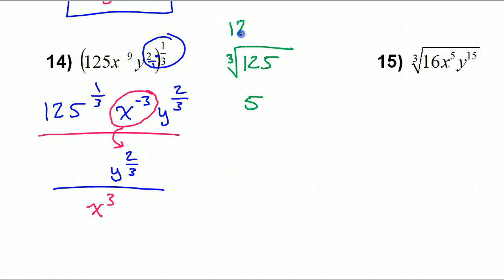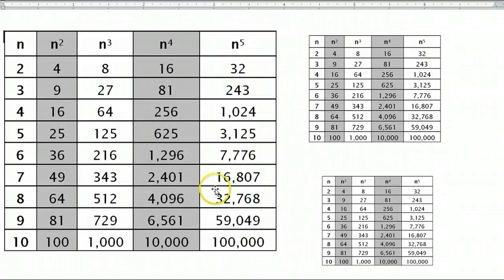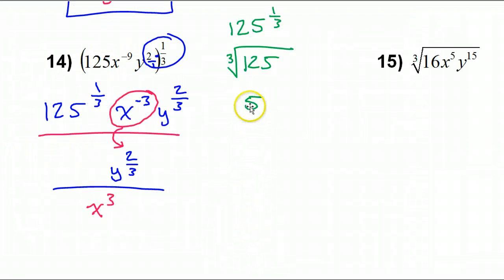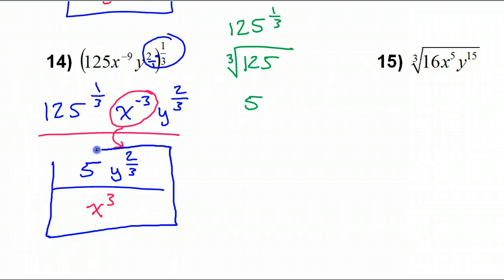Maybe I should have written this first. 125 to the 1/3 power is the same thing as the 3rd root, which is 5. Now you should know that by heart by now, but if you didn't, the cube root of 125 is 5. So that means I can replace this expression with 5. And this will be my final answer for number 14.